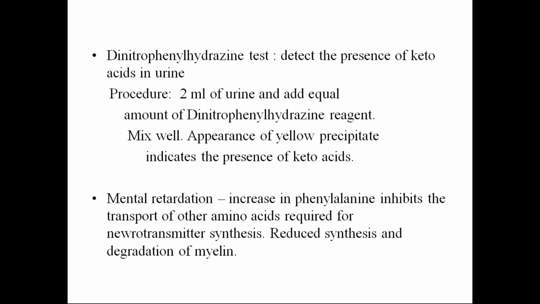When you study the theory part, you will have seen that phenylalanine is converted into phenylpyruvate and further converted into phenyllactate and phenylacetate. So in this disorder, phenylketonuria, as phenylalanine cannot convert into tyrosine, the level of phenylalanine will increase and its metabolism will increase, which leads to an increase in phenylpyruvate, phenyllactate and phenylacetate.